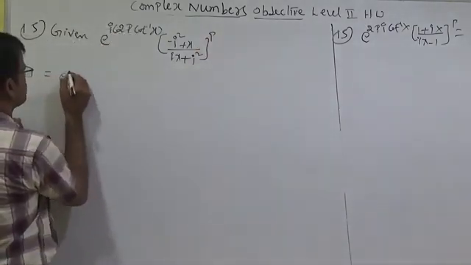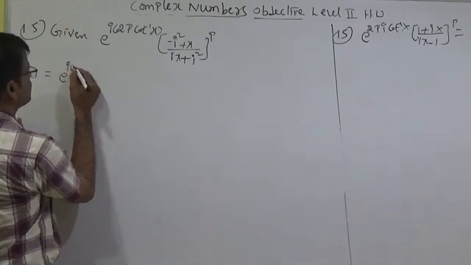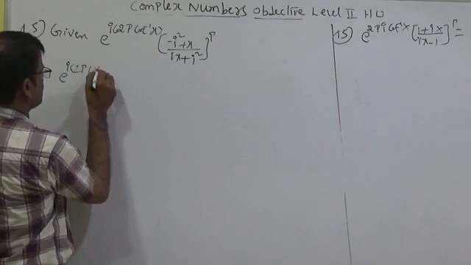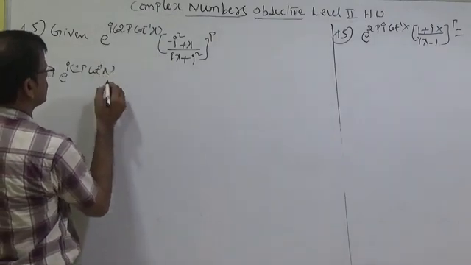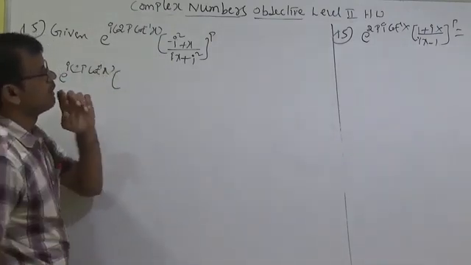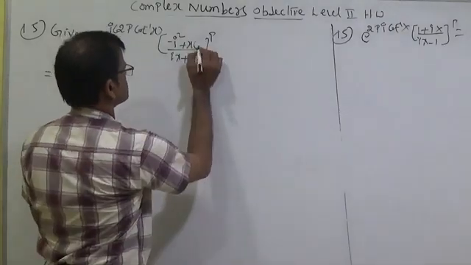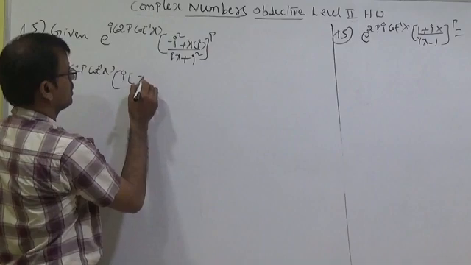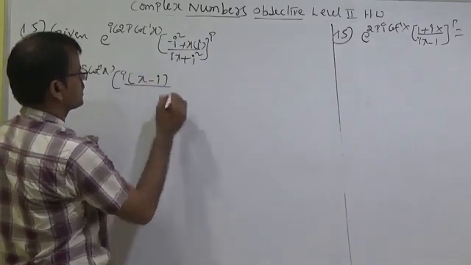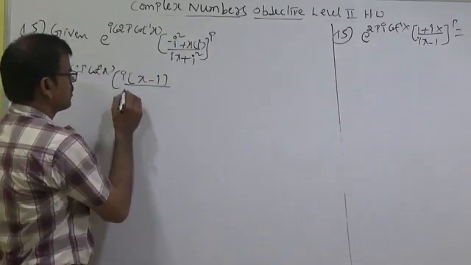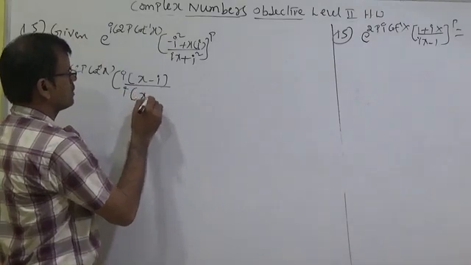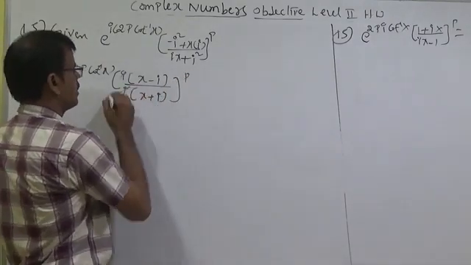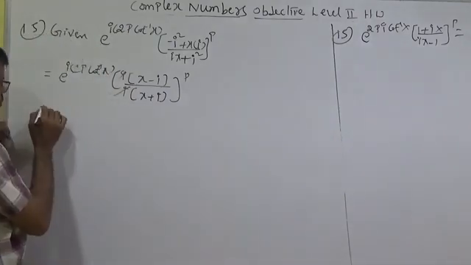That is e power i into 2p cot inverse x into, here this is ix. In the numerator, take common i within brackets, it becomes x minus i. In the denominator, take common i within brackets, you can write x plus i, whole power p. The i gets cancelled.